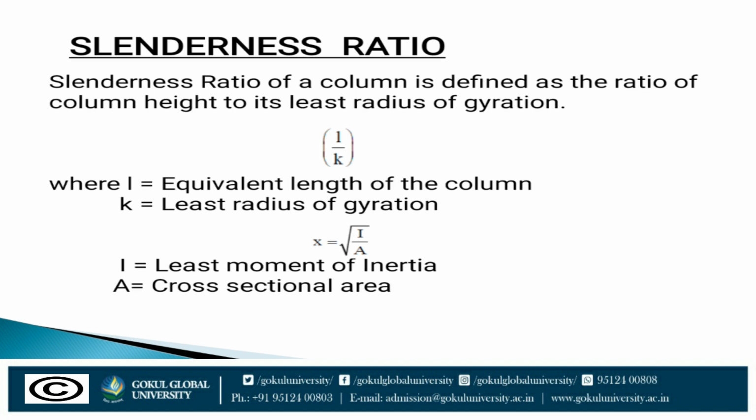Next topic is slenderness ratio. Slenderness ratio of a column is defined as the ratio of the column's effective length to its least radius of gyration, where L is the equivalent length of the column and K is the least radius of gyration, where K is equal to the square root of I by A, where I is the least moment of inertia and A is the cross-sectional area.